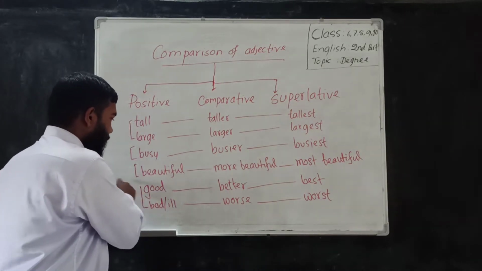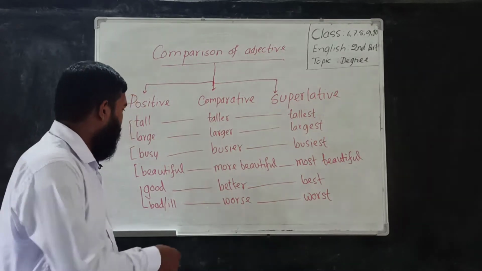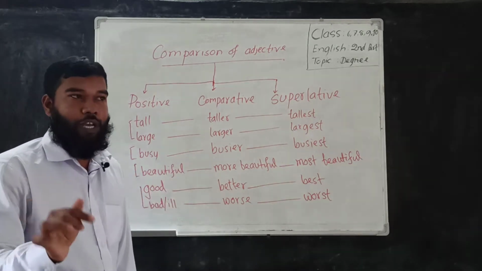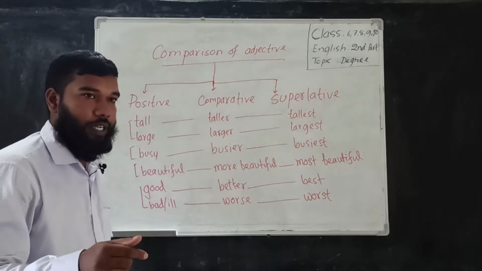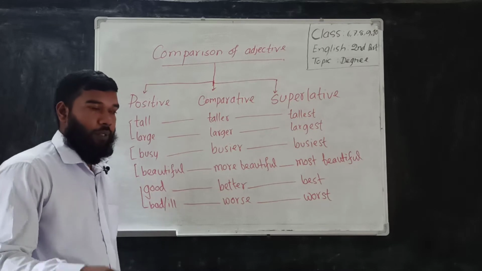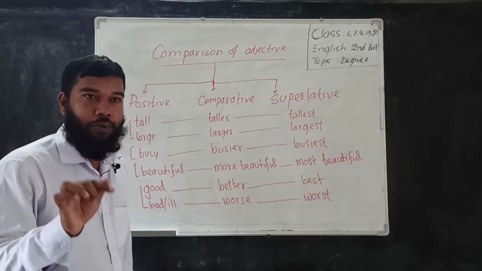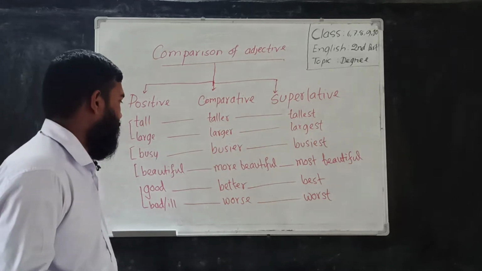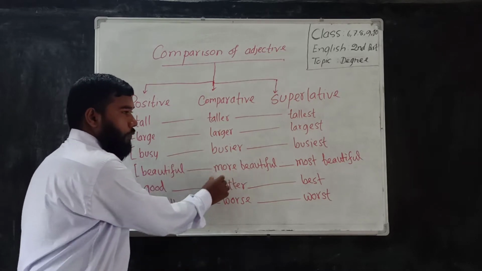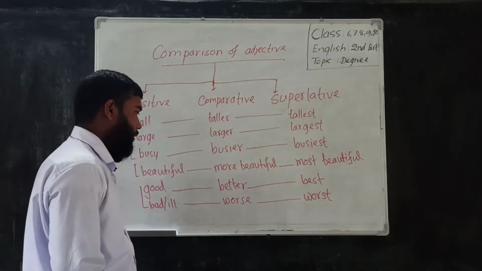Okay, dear students, again, beautiful. Beautiful is comparatively a large word. If you find these types of large word, with more than 2 syllables, or if you find a word with suffix like ful, tive, ous, ness, these types of word you have to change to comparative by adding more before the word and to superlative by adding most before the base word.